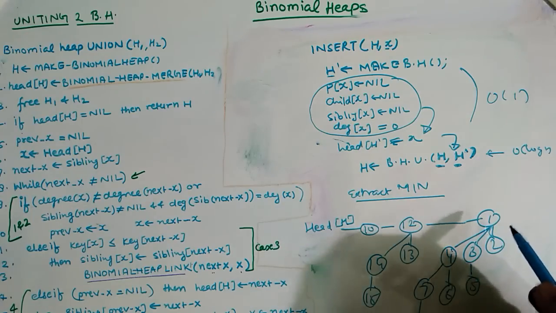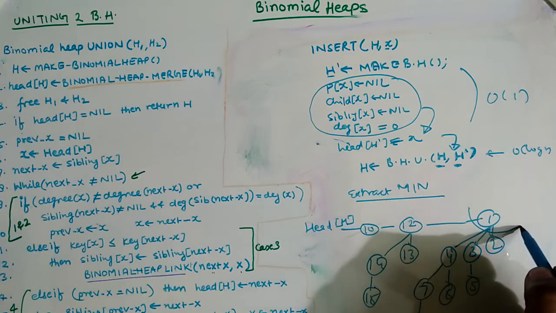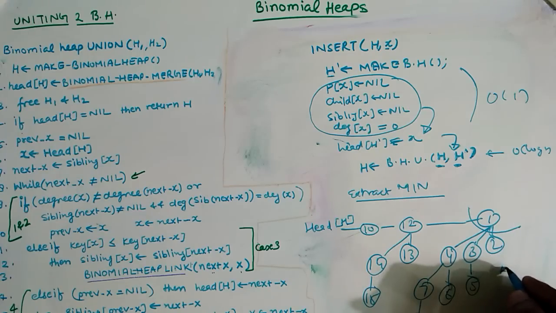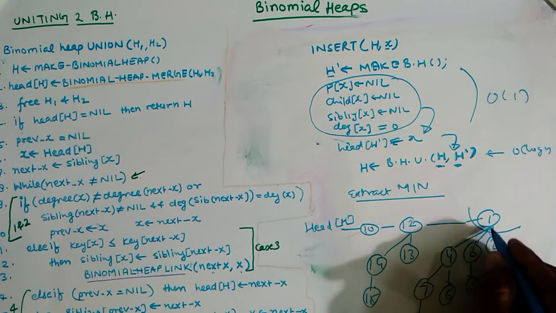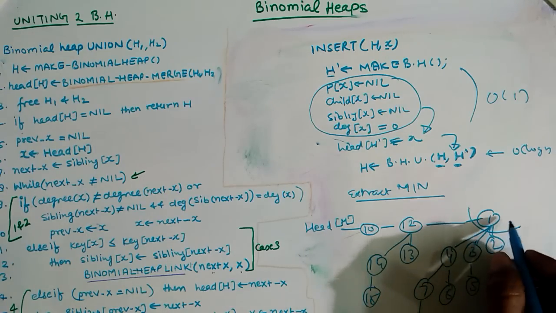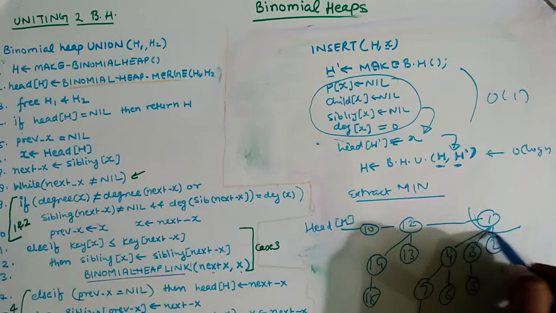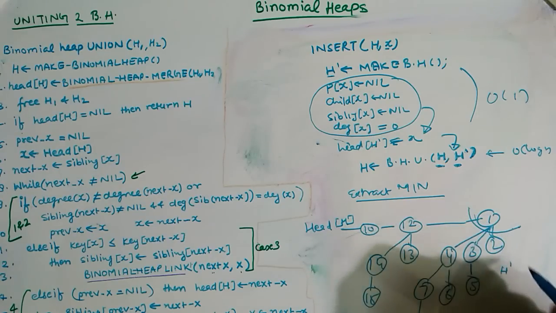When we find the minimum key, we remove that key from the root list, make an auxiliary heap h dash, and we add the children of this extracted root in this h dash in the reverse order.